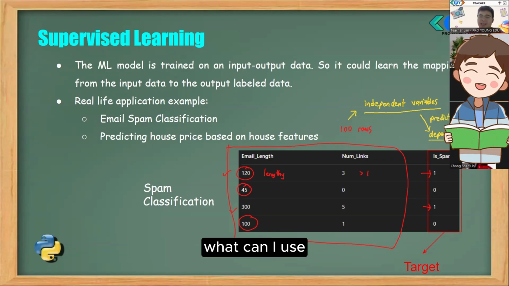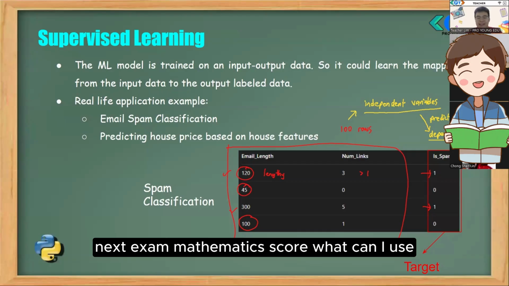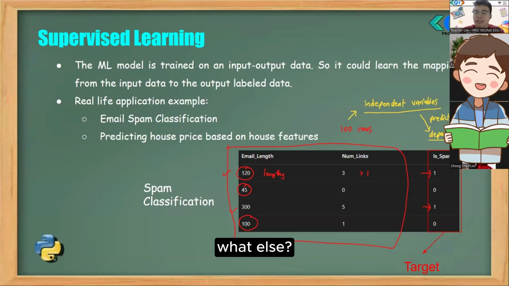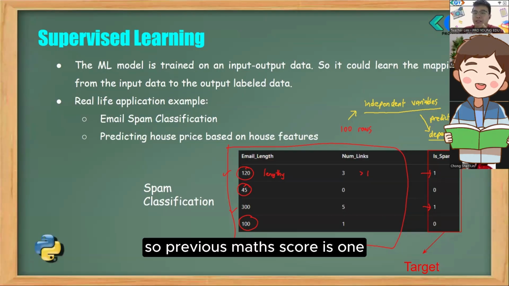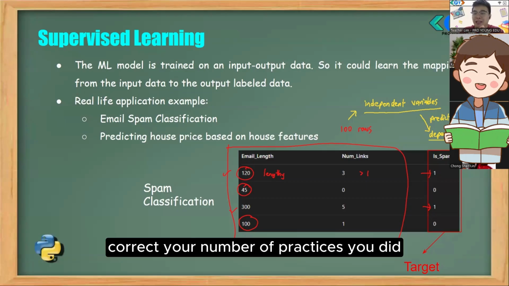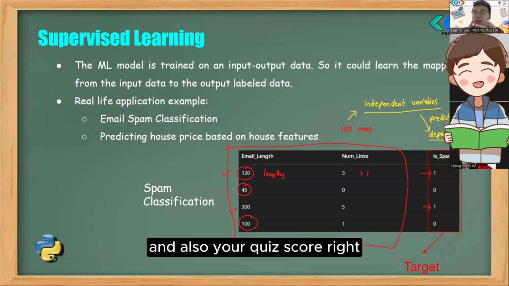For example, what can I use? This is a subjective question. If I want to predict Shenling's next exam mathematics score, previous math score, this is 1. Yes, Janesh, Kartil. So previous math score is 1. Your study hours, correct? Your number of practices, the time you spent on mathematics, and also your quiz score, right?